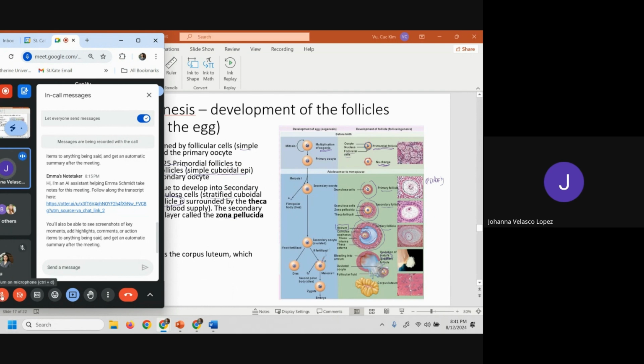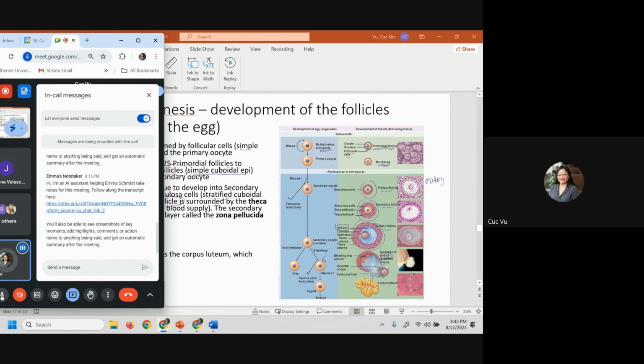And the antrum was for creating the zona pellucida. The antrum is actually going to contain substances that help to produce the estrogen. Keep going. You're on a good roll. To produce estrogen, you said, right? And then from the third, it becomes mature and it ruptures. Yep. And then that's when you ovulate, right?